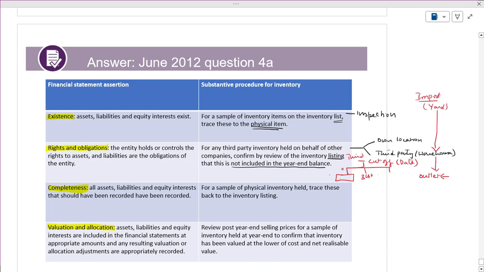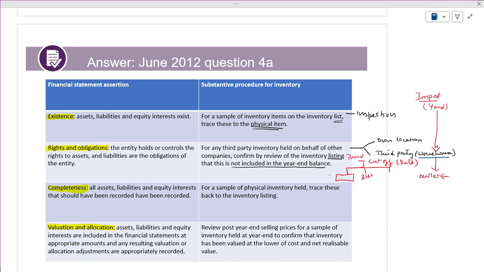Fine. You will check the existing inventory list against the physical item. What are the things that happen at the warehouse? That is very important. That also belongs to you. You have the right on that. You have purchased it, and when you have purchased it, it is part of the inventory.